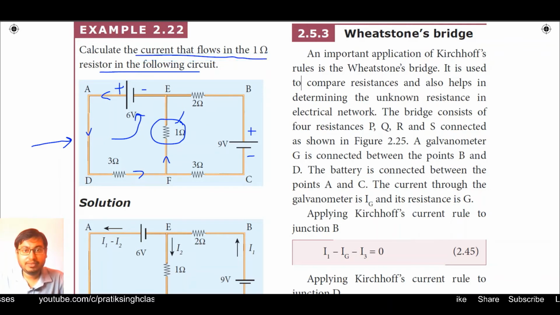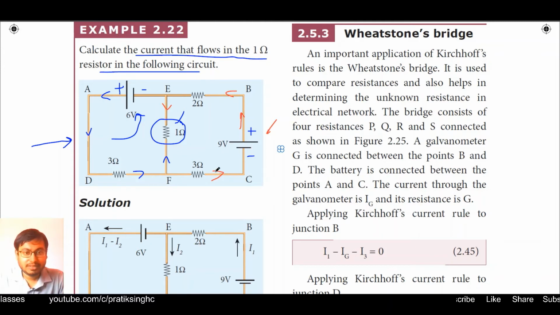But when we see the loop BEFC, how to find it out? Here the positive terminal is given here, as you can see on the cursor. Starting from B, this is the direction of flow of current: B, then E, from E to F, then F to C, and again back to the cell.